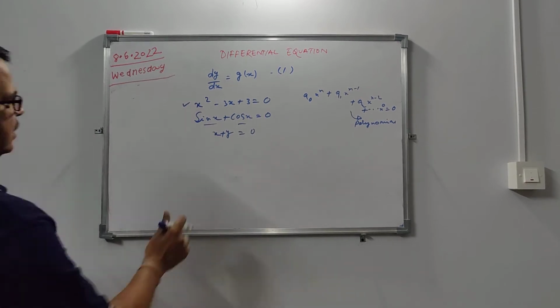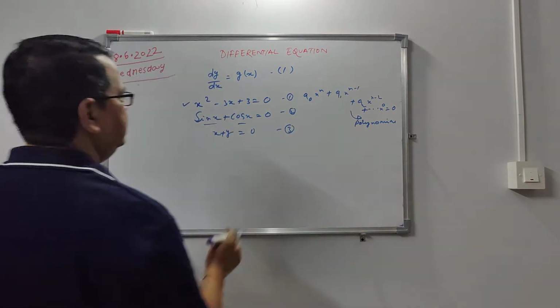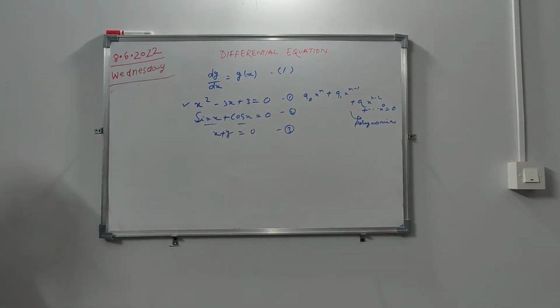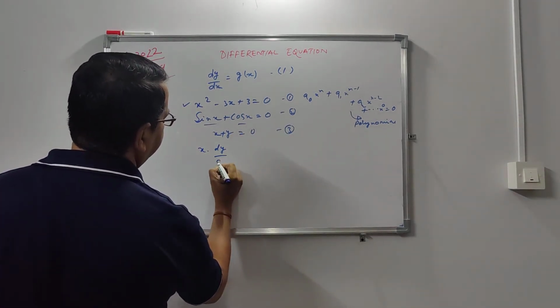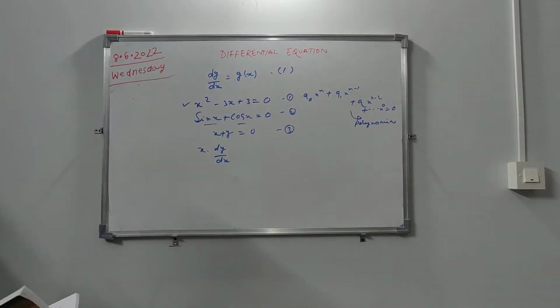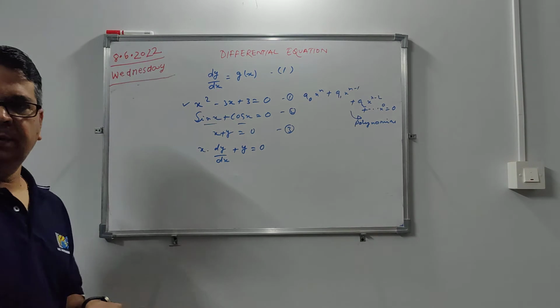Let us consider them as equations 1, 2, 3. One is a straight line, one is a trigonometric function, and another is a polynomial. Now let us write an equation x dy by dx plus y is equal to 0.